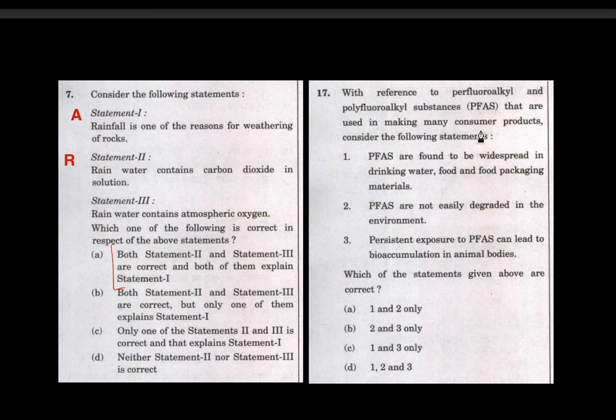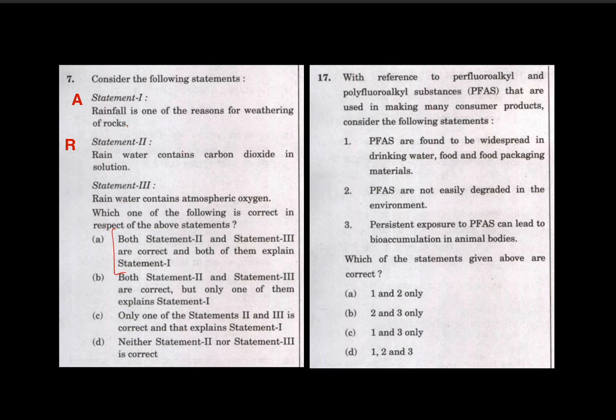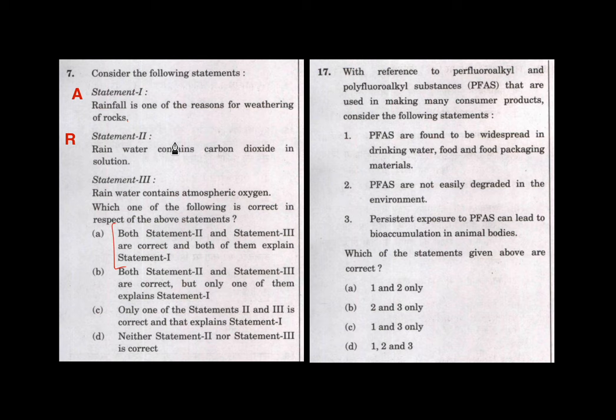The first paragraph given, about PFAS and consumer products, is 100% true. They have given it in the question. This is your supporting data. Don't think that this is also wrong; these 4 sentences in the upper paragraph are perfectly correct. Since it is used in consumer products, it can be used in food packaging. So we go for option D, and that is our answer for this one. Next we move ahead.